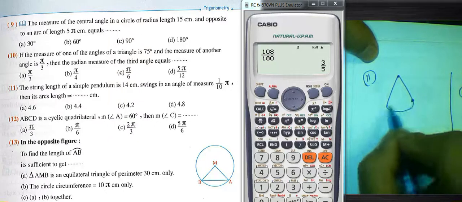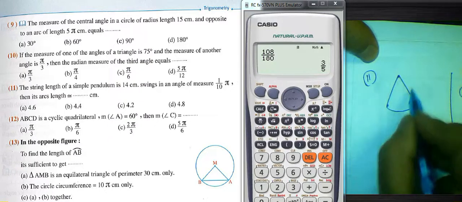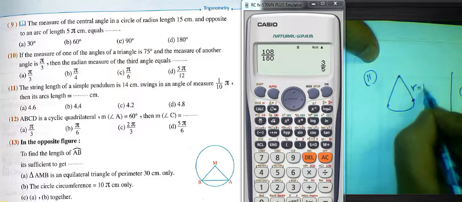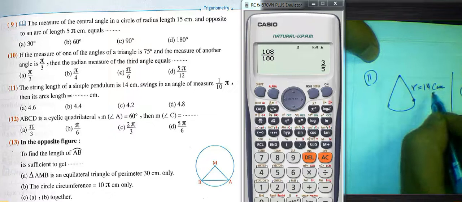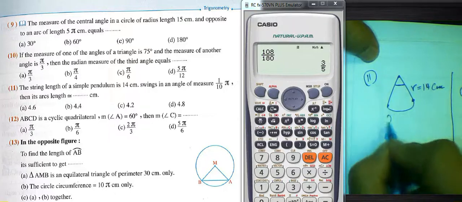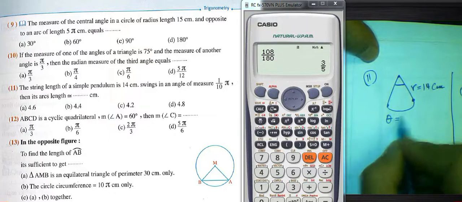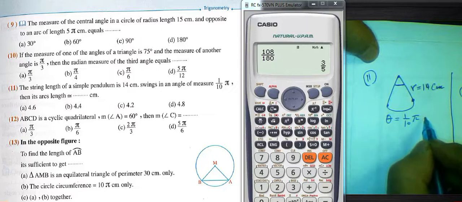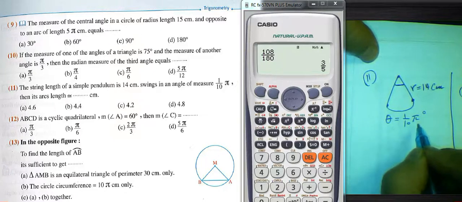The radius is 14 centimeters because it is the string length of the simple pendulum, and this angle theta equals 1/10 pi, degree or radian, as you like.